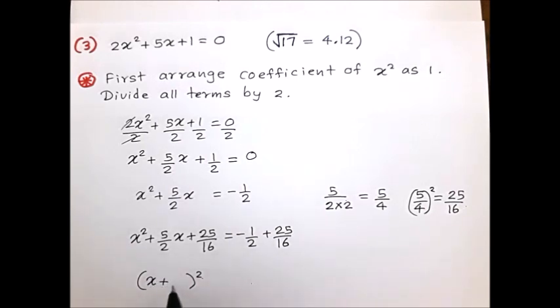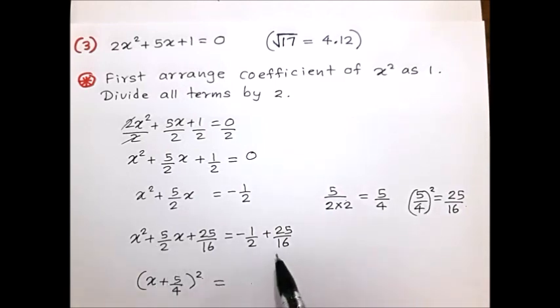Then for the second one, you have to divide the coefficient of x by 2. 5 divided by 2 divided by 2. It is 5 divided by 4. The relationship between these two is that 2 times this term is equal to this one.